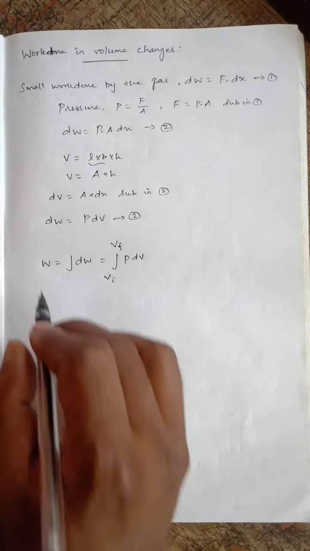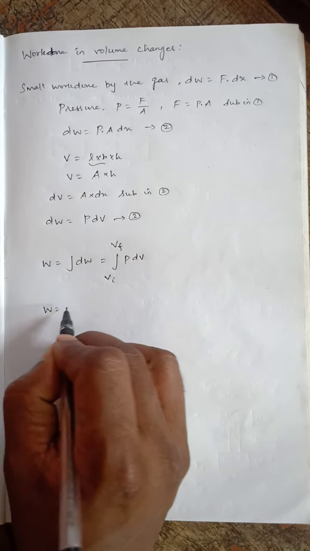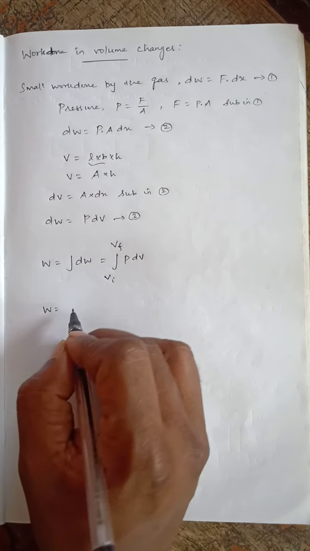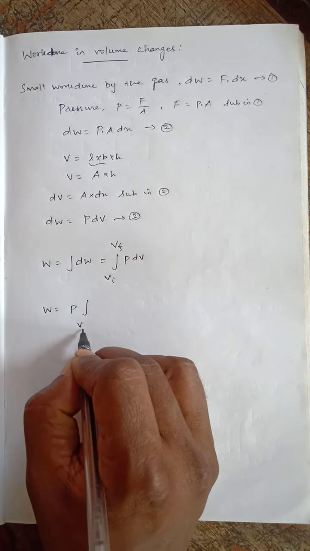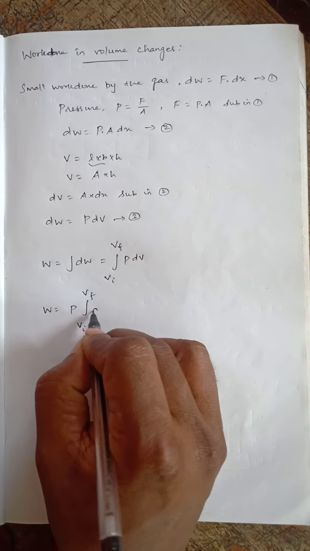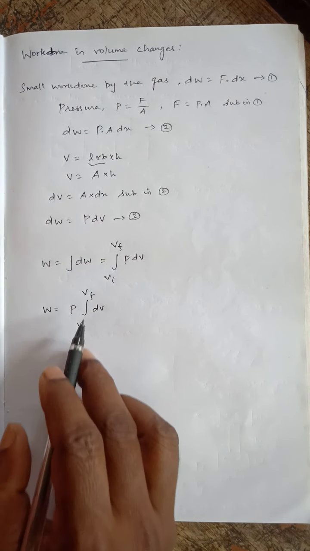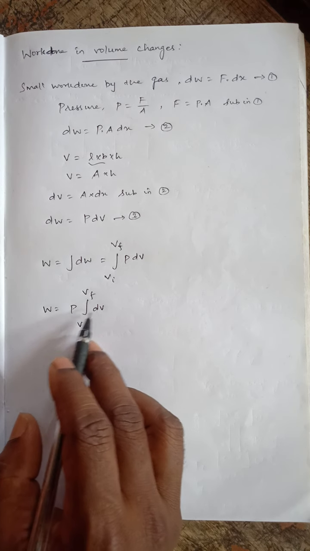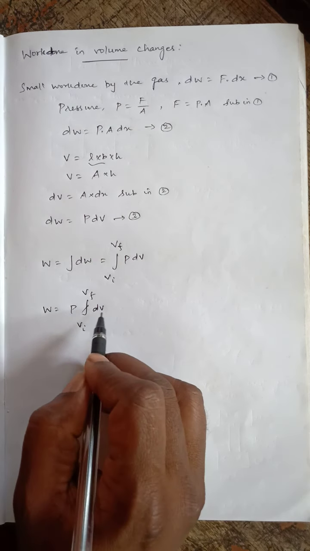So we get W on the left side. On the right side, P is constant, so take it outside the integral. Then the remaining integral is from Vi to Vf of dV. Integration and differentiation cancel each other, so we have only V here.